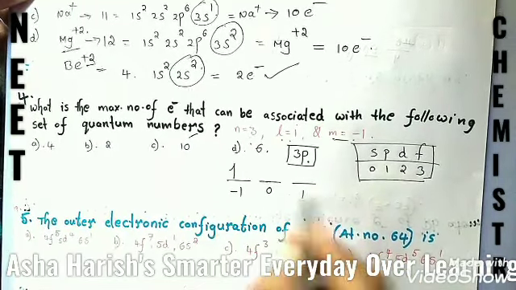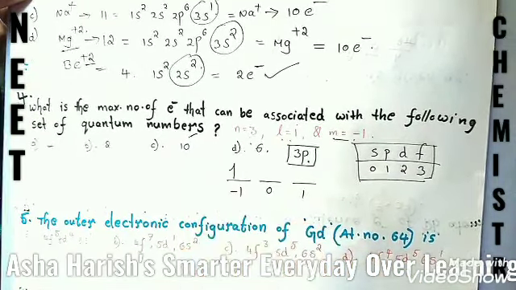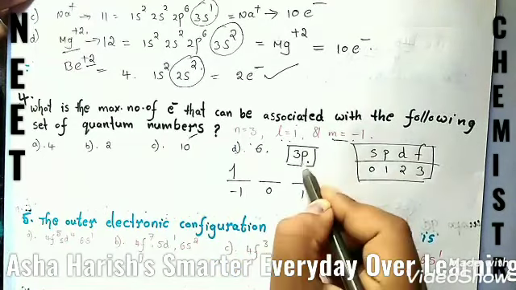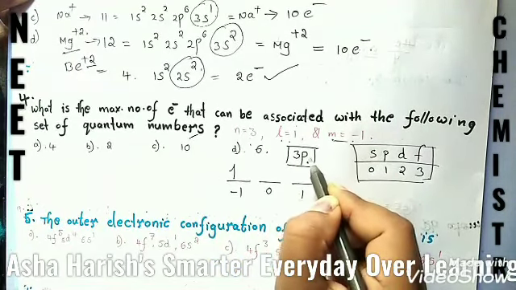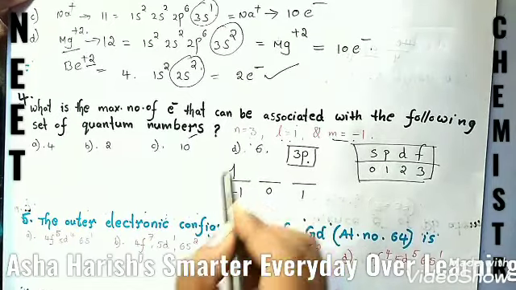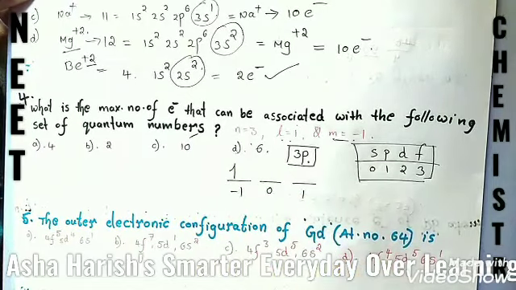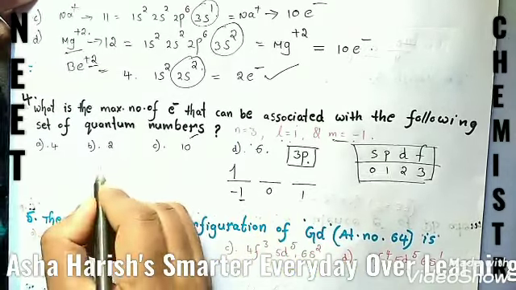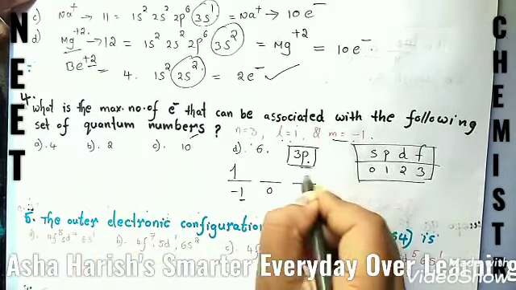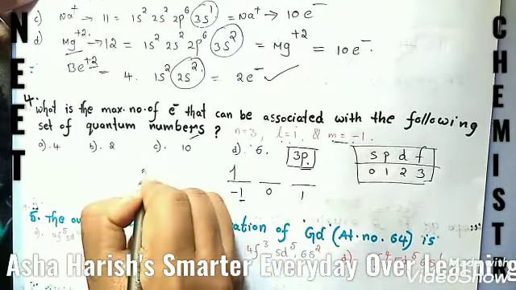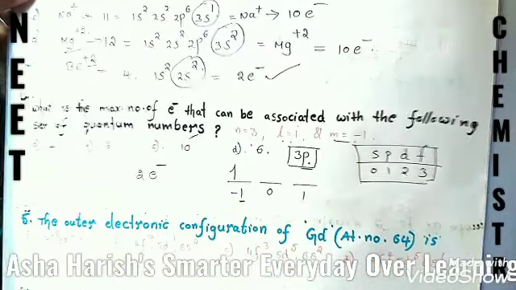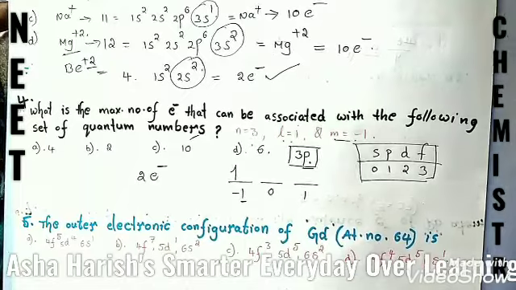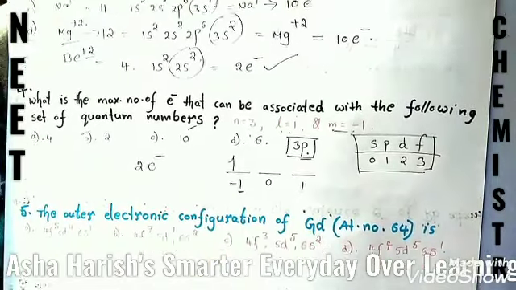And how many electrons must it contain? The 3p orbital must contain only 2 electrons. In total the 3p subshell has 6 electrons, but this one orbital means only 2 electrons. So the maximum number of electrons is 2, and option B is the correct one.